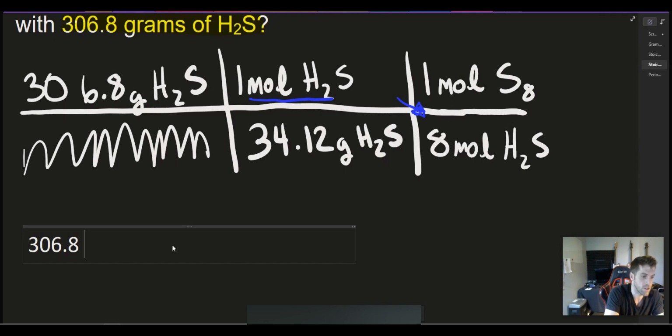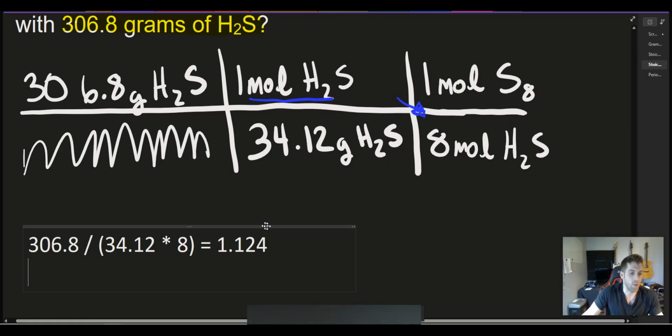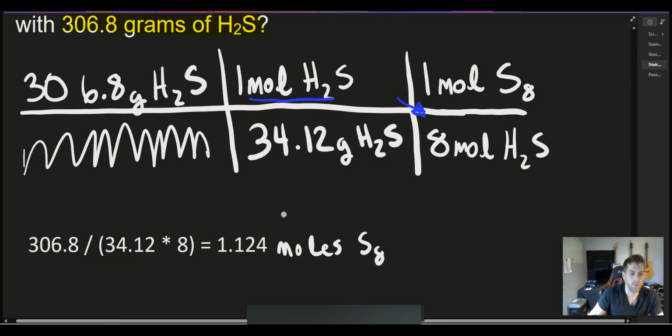So we can just start our division. 306.8 divided by, remember our parentheses because we're dividing by more than one number, 34.12 grams of hydrogen sulfide multiplied by 8 moles of hydrogen sulfide. And we need to get the parentheses there as well. We end up with 1.124, and I'm going to go ahead and write moles of sulfur. And that is it.